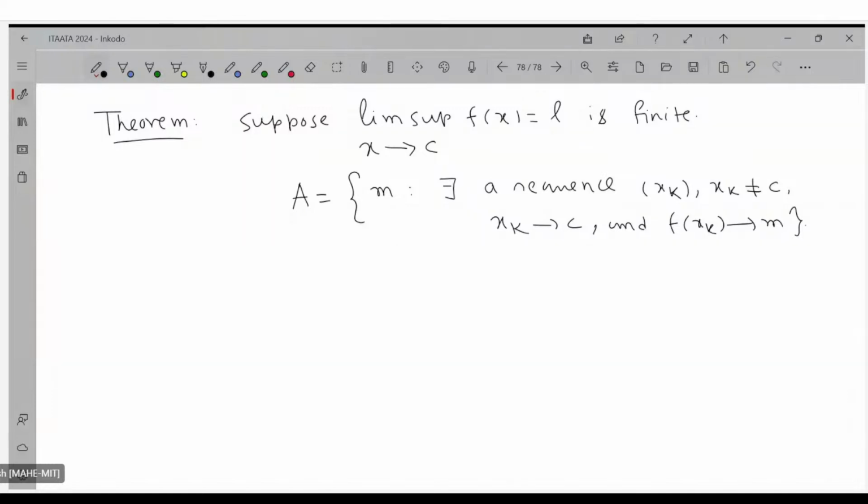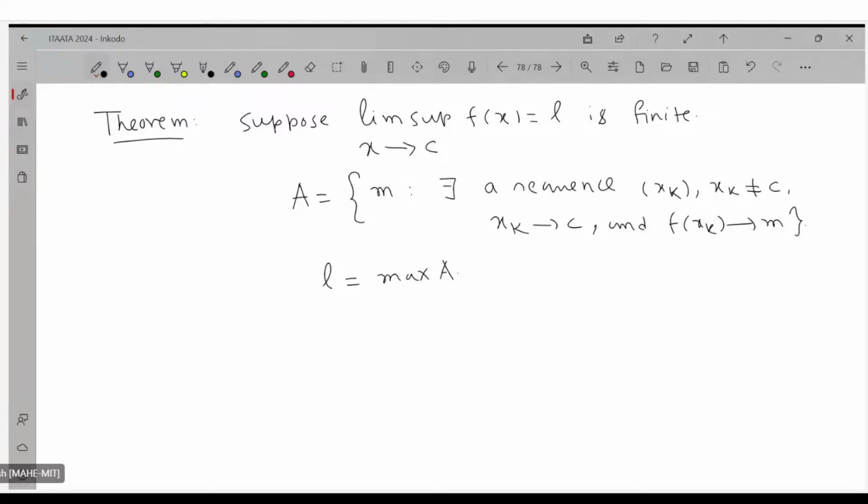Then if that limit supremum of f(x) is finite, what will happen? This L will be the maximum of the set A. This set will be a closed set; you can check that. So in that set, L will be the maximum of the set, so the limit supremum will be that. What we will do basically is calculate all the possible sequential limits of the function.